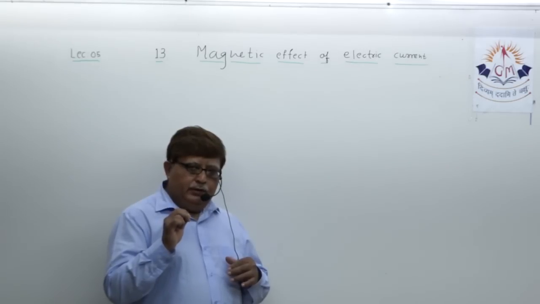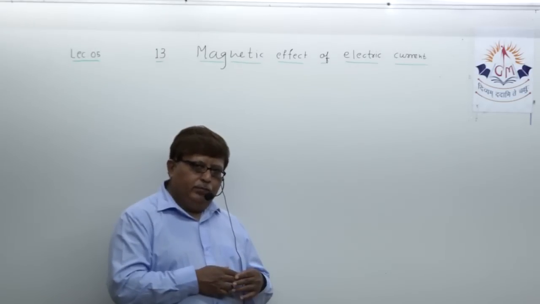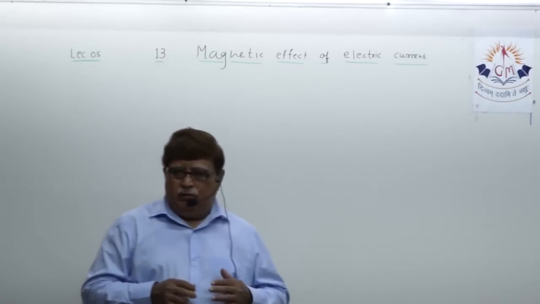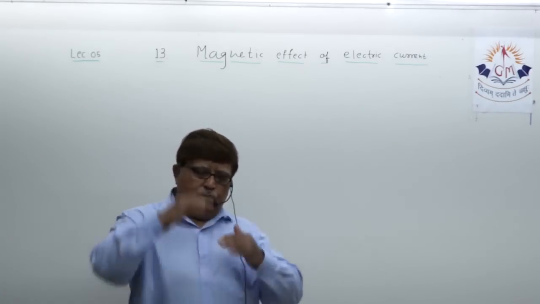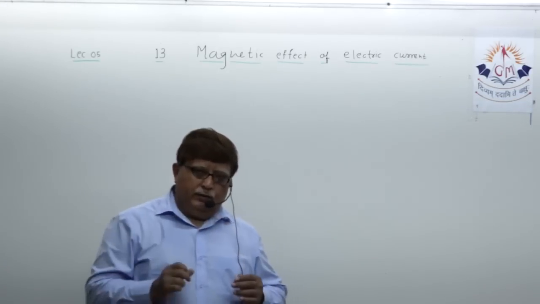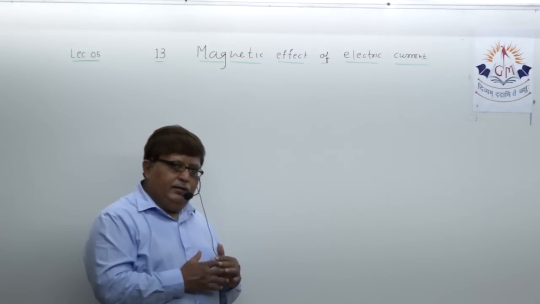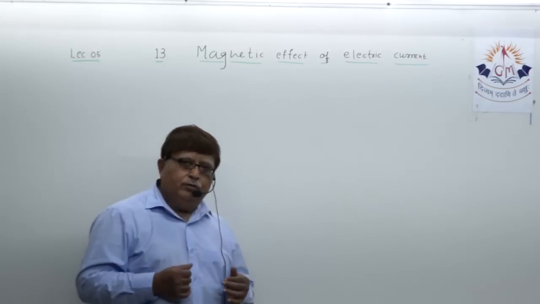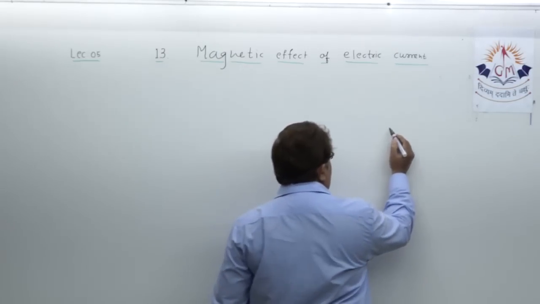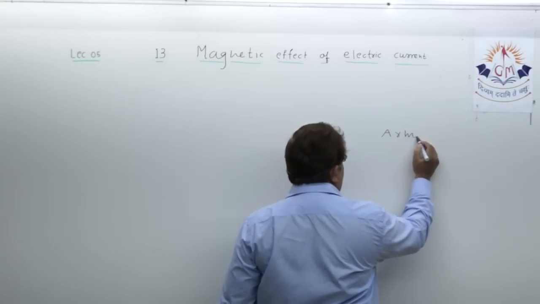We were keeping a straight conductor through which we were passing electric current. But here, my dear students, we are not going to keep that inside a powerful horseshoe magnet. We are going to place there an armature. Armature, you all know, I have explained to you regarding armature in our previous lectures.